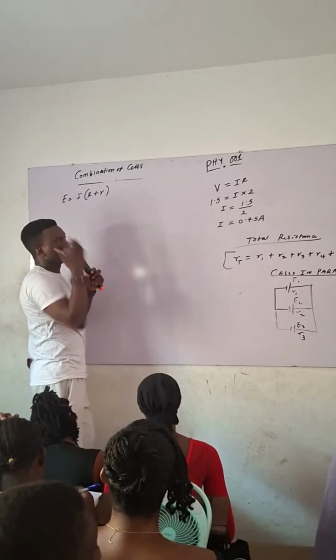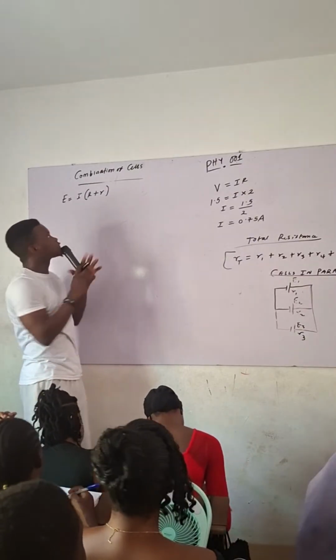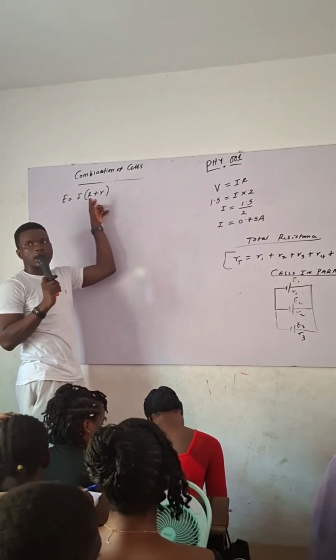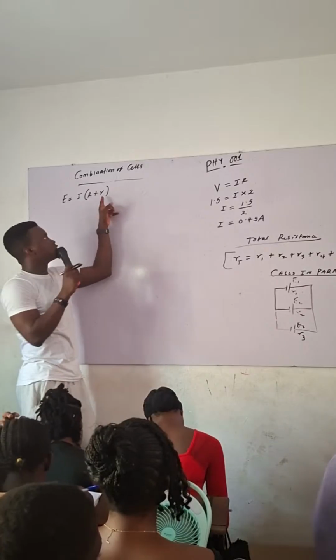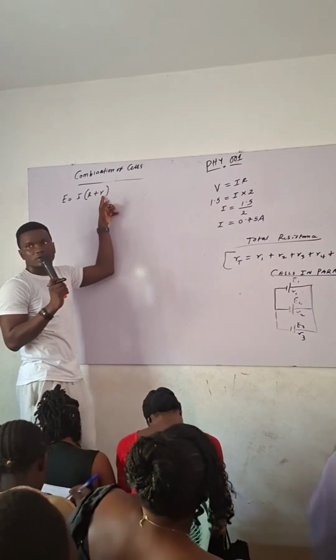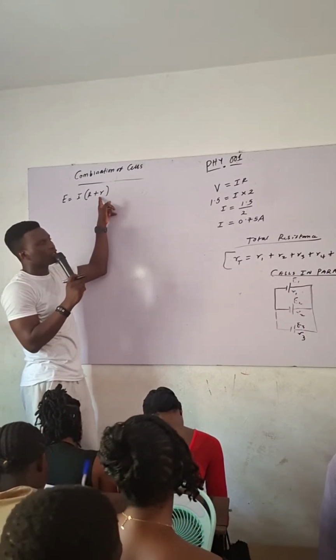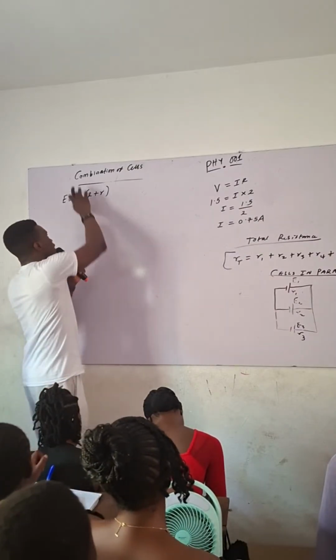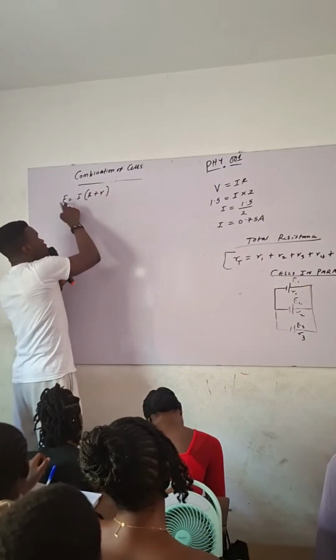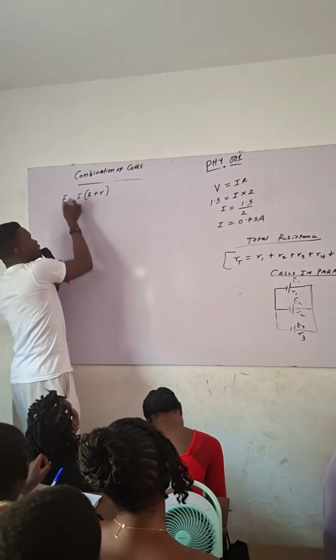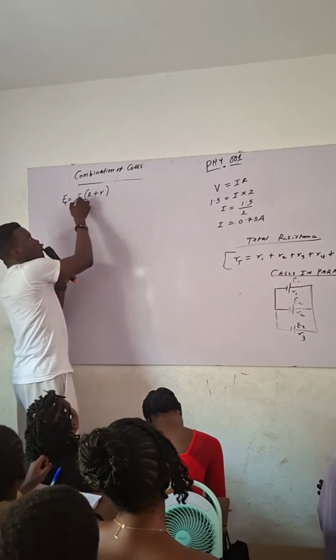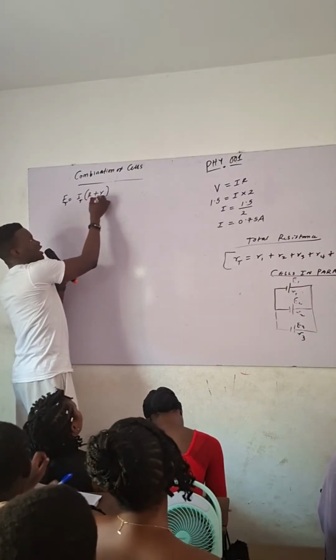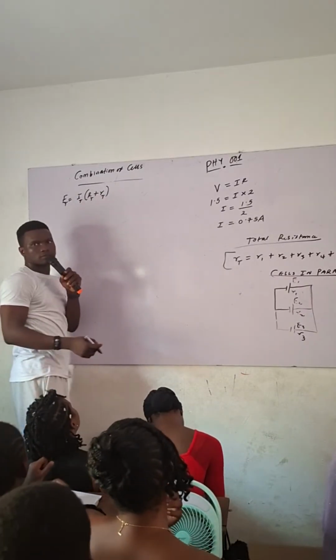But now, if you want to apply this formula, it's not just one R that is there. These R's are all in parallel. That means this formula should change to E is equal to I total times R total plus r.